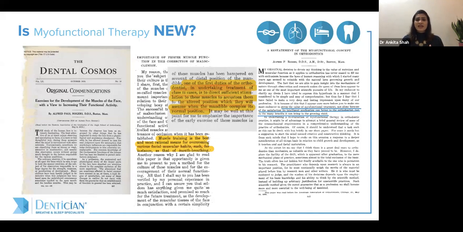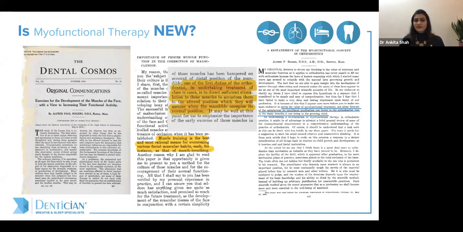He also mentioned that it is very important to retrain the muscle if we are treating mouth breathing. Also, when we are aligning the jaws and class 2 to class 3 malocclusions are being corrected, what about the muscles? No one has taken care of these muscles. We need to readapt these muscles to the new position.